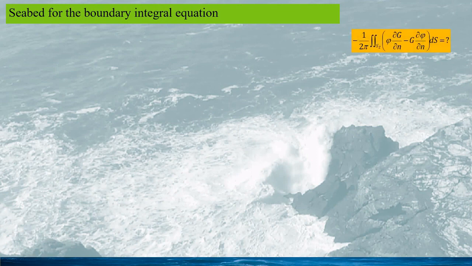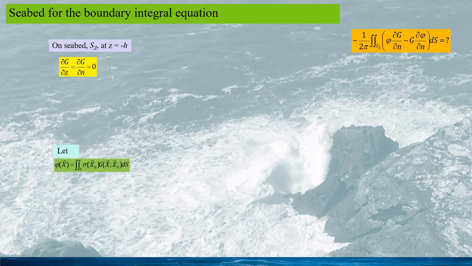Here, we are going to examine the integration on the seabed boundary SZ. On the seabed SZ, at Z equals minus H, the Green function satisfies the no penetration condition.